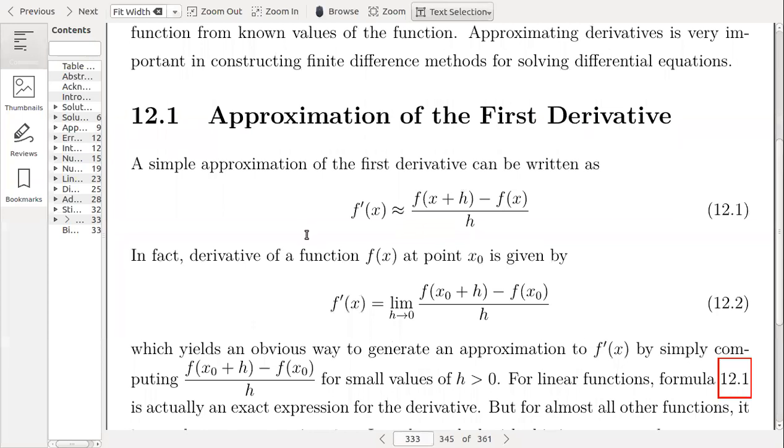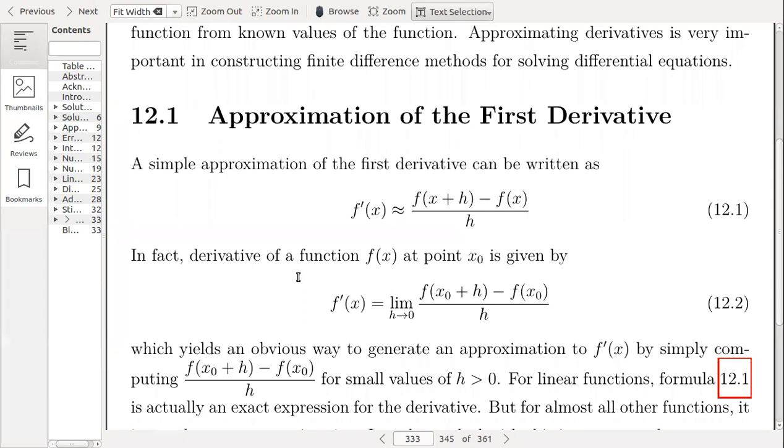If we subtract the two points of the range, f of x plus h minus f of x, and divide by the difference between the points of the domain, we get the first derivative. This can be written as approximately equal to f prime of x, because the first derivative is denoted with f prime of x.